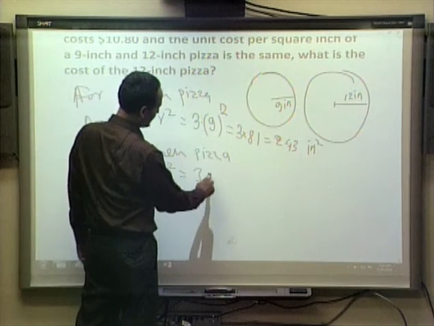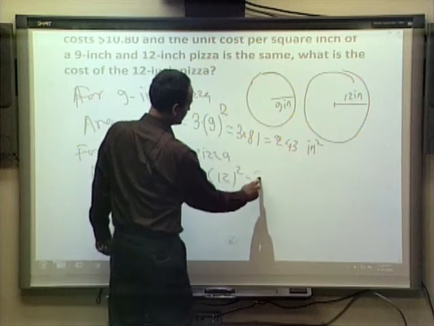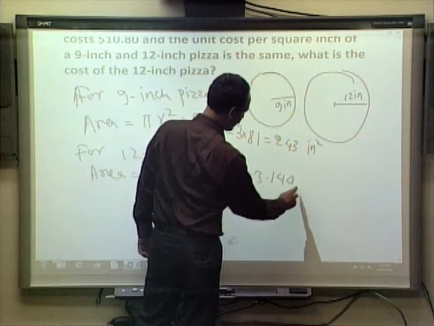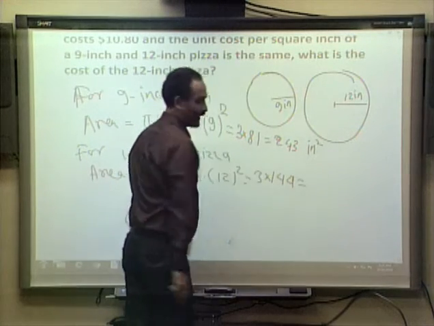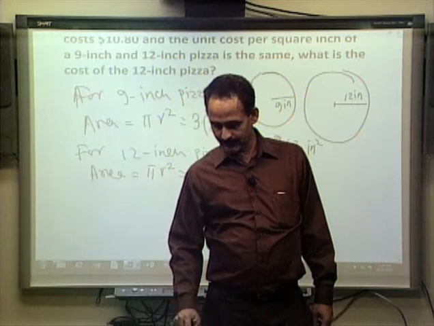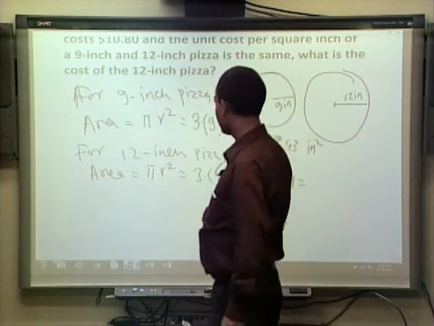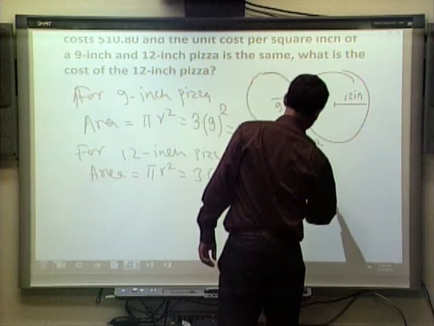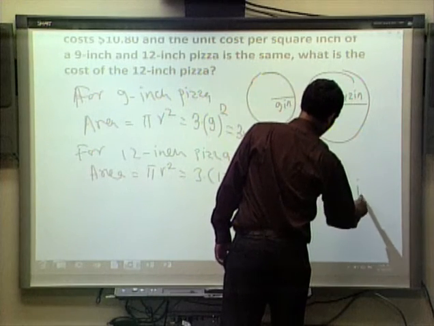Pi is 3, 12 square is 144. So, 3 times 144 equals 432. So, this is 432 square inch.